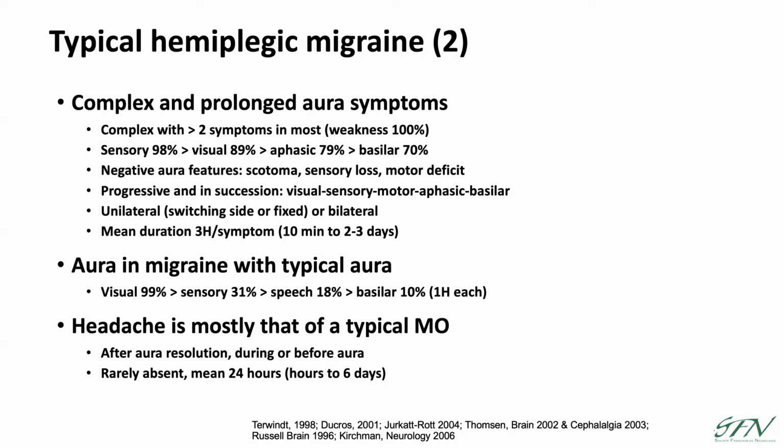The motor deficit may be unilateral, and in patients, it can affect always the same side, or sometimes it can switch sides between the various attacks. And in at least a third of the patients, the motor and sensory symptoms may be bilateral, not in every attack, but sometimes.